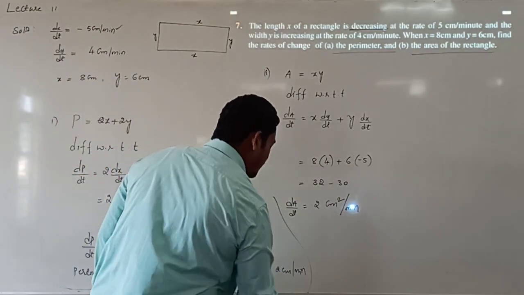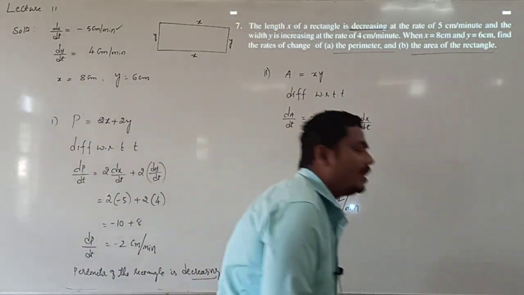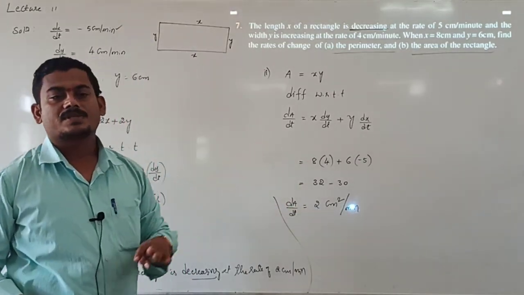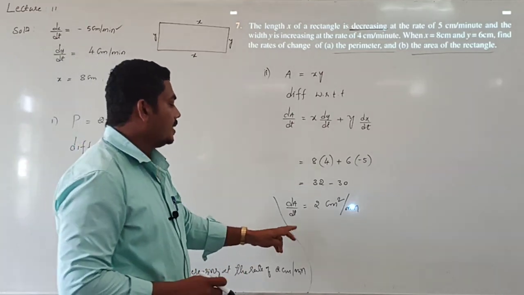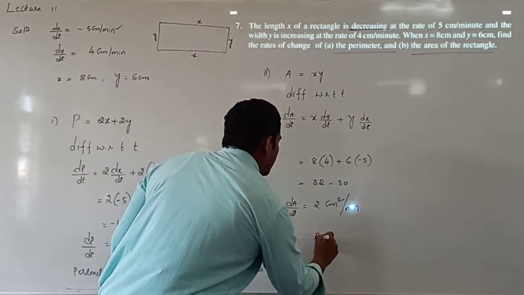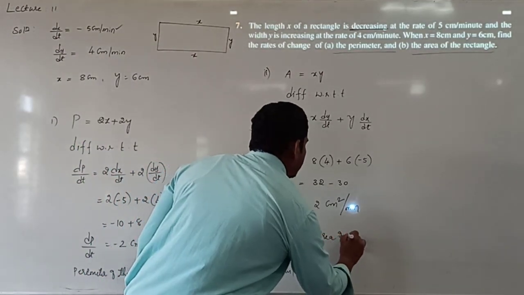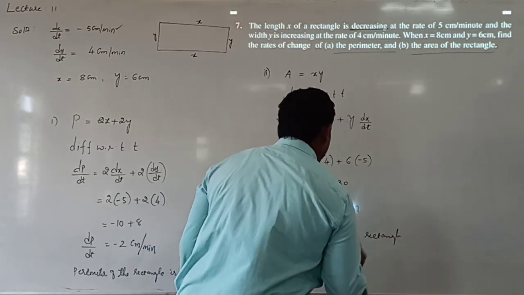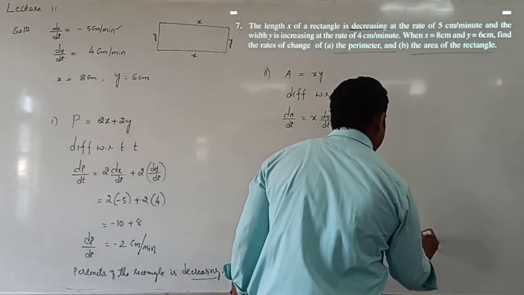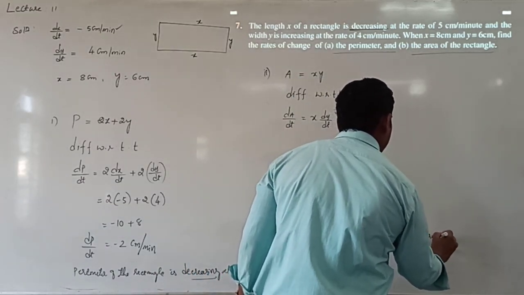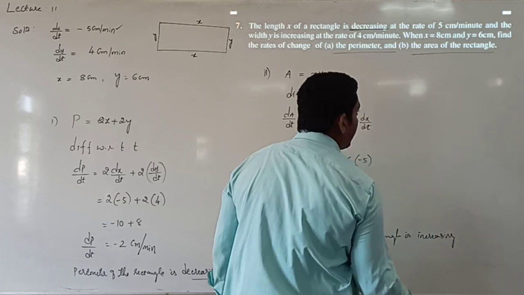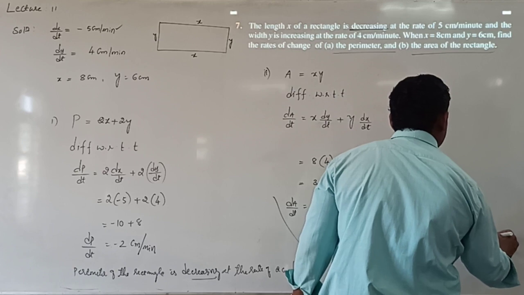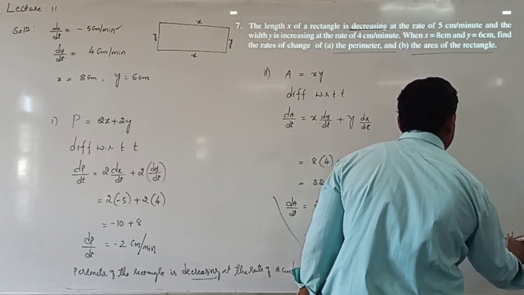Lastly, write the conclusion. Area of the rectangle is increasing at the rate of 2 centimeter square per minute.